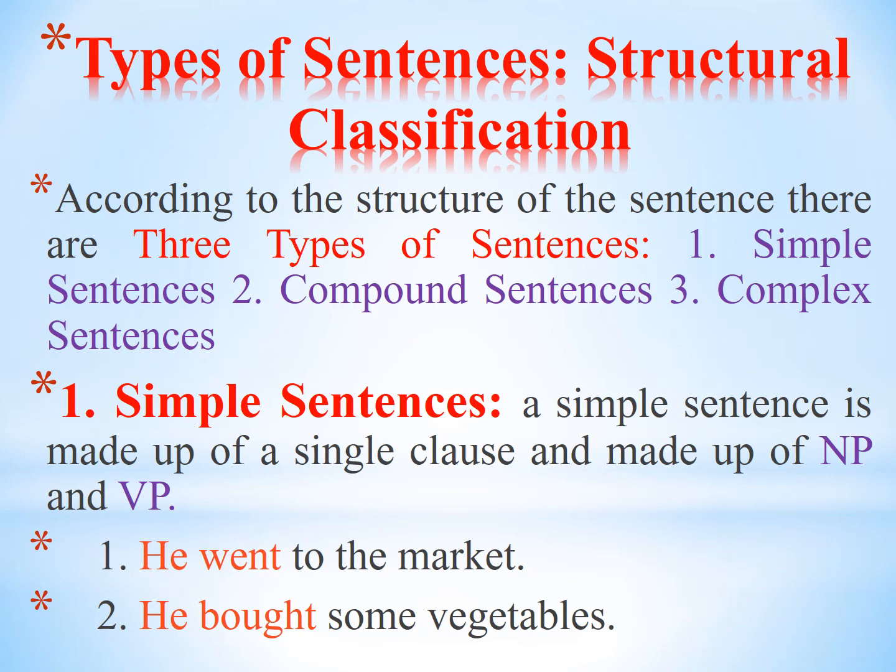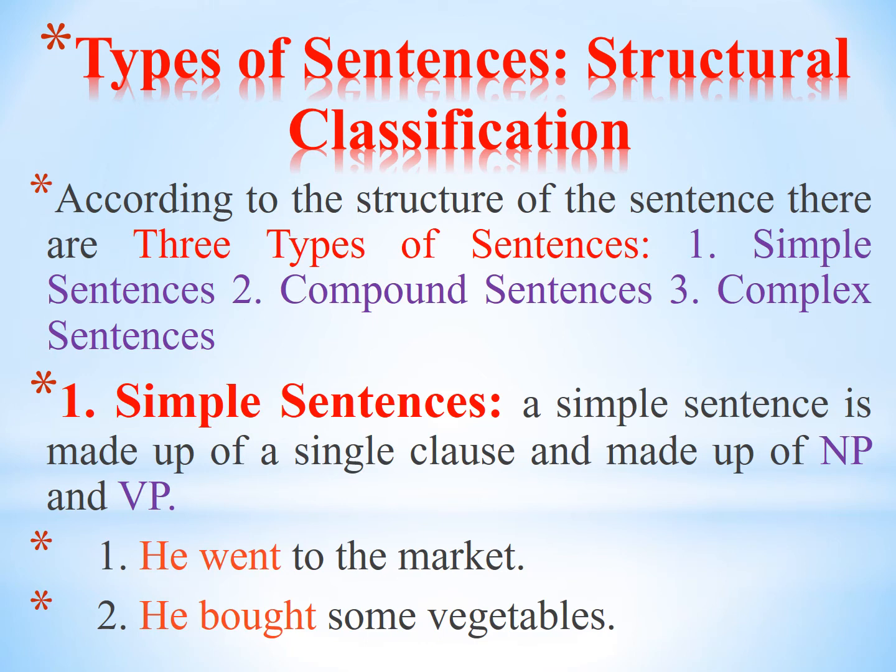Simple sentences. A simple sentence is made up of a single clause and made up of noun phrase and verb phrase. NP means noun phrase, VP means verb phrase. I already told that there are some clauses, they have their own meaning, they are independent clauses.